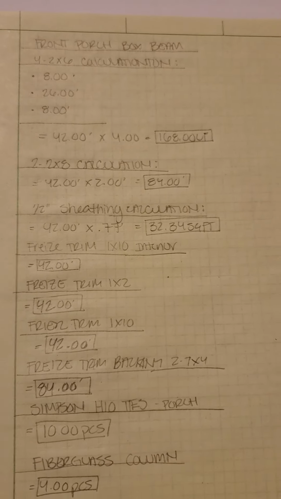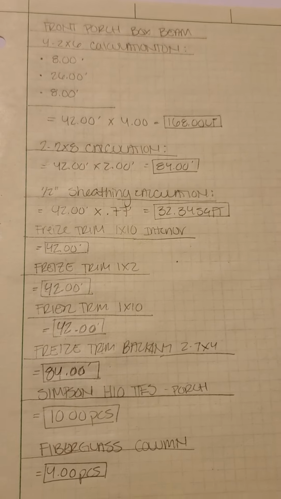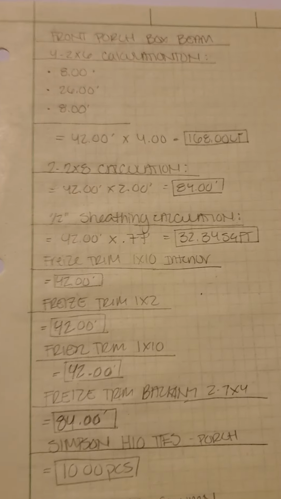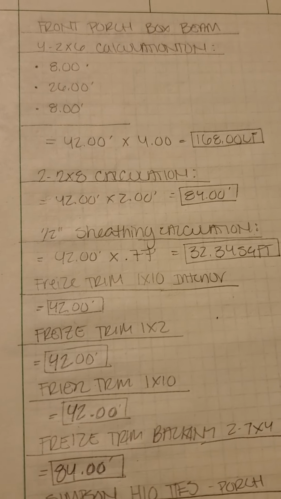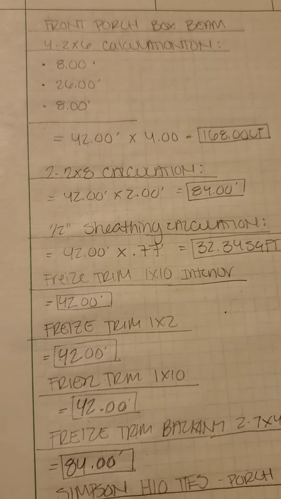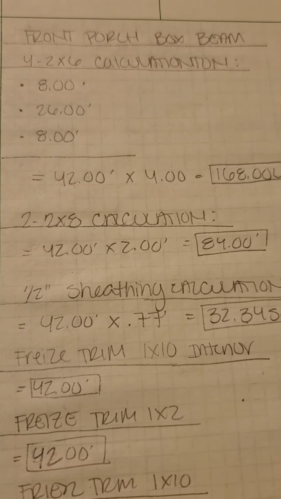All right, so good news. I was able to find my green sheet of paper finally. So all of my calculations have been transferred to my green sheet, which is a wonderful, wonderful deal. All right, so as you can see, my first calculation for my box beam is my 4 2x6s.